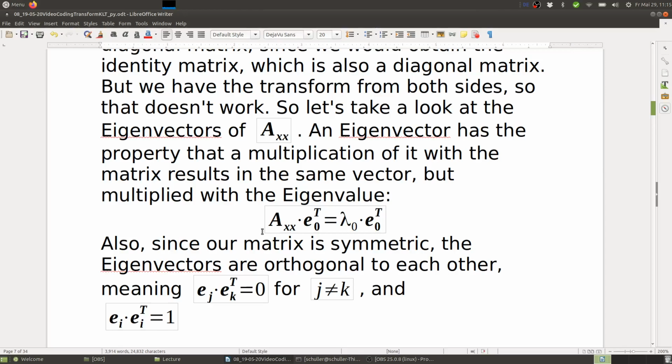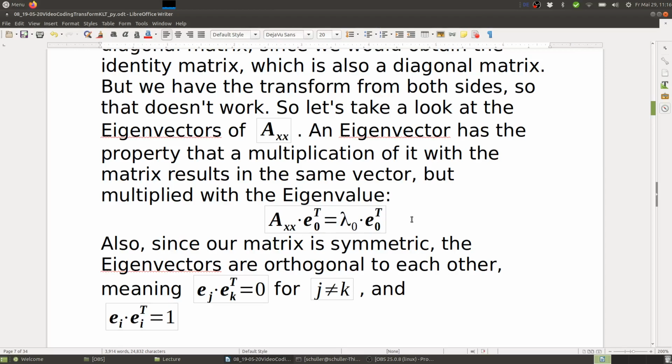Each matrix has eigenvectors, and if you take the corresponding matrix and multiply it with this eigenvector, a column vector, we obtain the same vector but scaled by a scalar lambda naught. So basically it turns this more or less complicated operation of a vector times a matrix into a simple operation of a scalar times a vector.